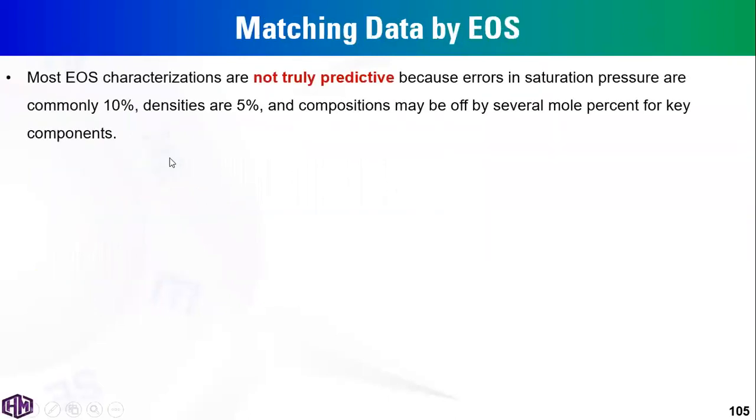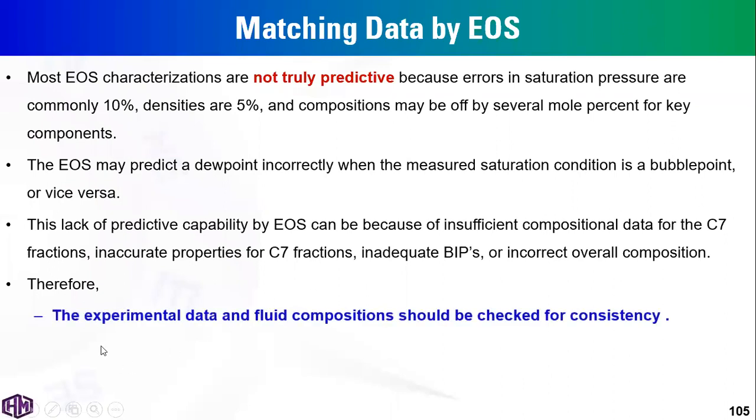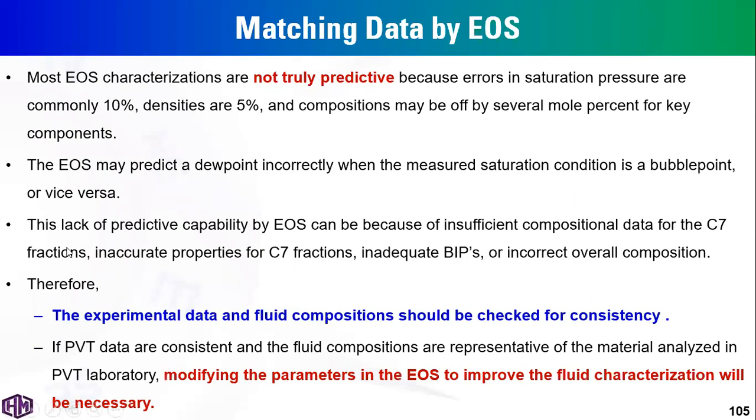Equations of state are not truly predictive, because we have some errors in saturation pressure and density and so on. So you have to QC and check the lab experiments before generating any equation of state, to generate a consistent PVT model.